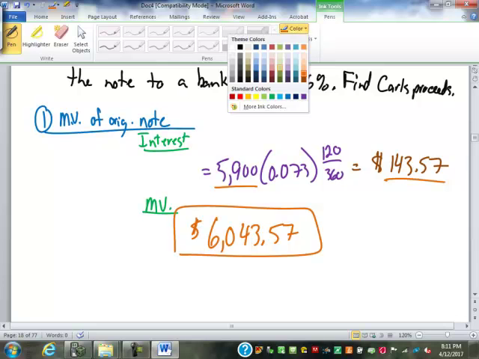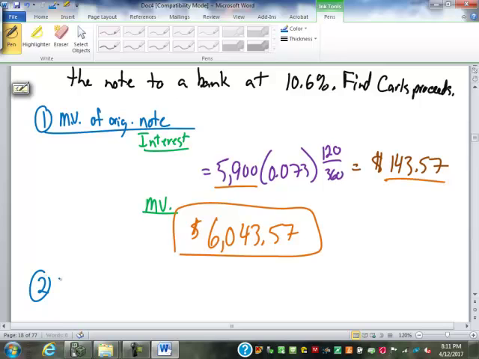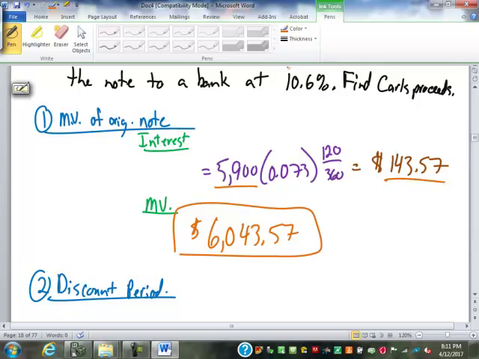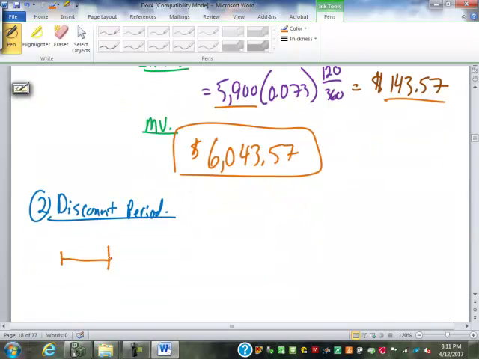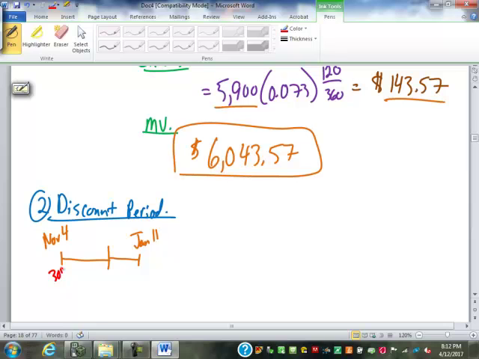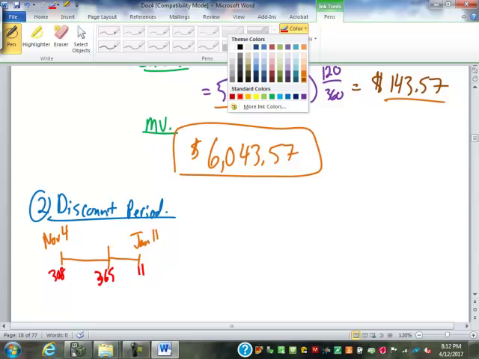Okay. Step 2. This is where it gets tricky. Discount period. Well, I have up here that November 4th date to the January 11th, right? This was 308 to 365. Of course, this is 11. What's that? Should come out to be 57.